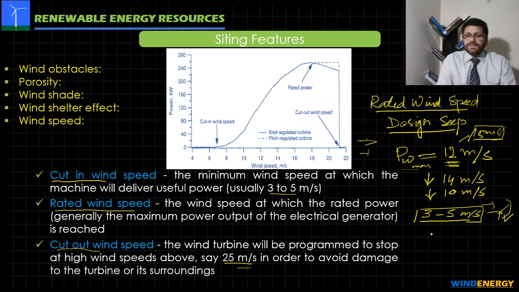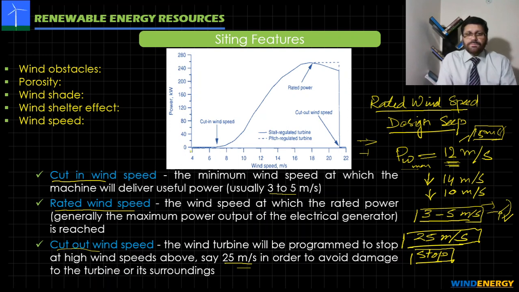So this is the cut-in speed, and the cutout speed is that which is dangerous for the turbine structures. It may damage the turbine blades or the hub and any other component. So that is approximately 25 meter per second. At 25 meter per second, you have to stop the wind turbine so as to get away without any damage.